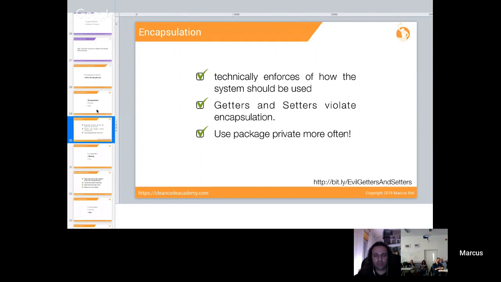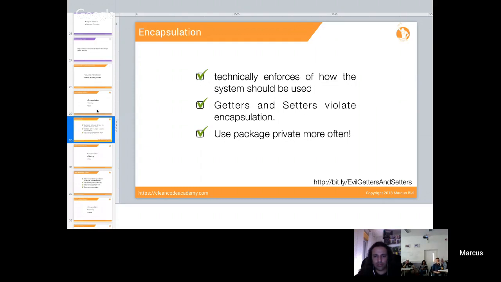So again, here I've put the bit.ly link where you can read more about why I think getters and setters are really evil. But in short, we have, for example, a class, and it has attributes, and we made them private because we said we don't want you to access these attributes outside, right? Because we want you to think in functionality.